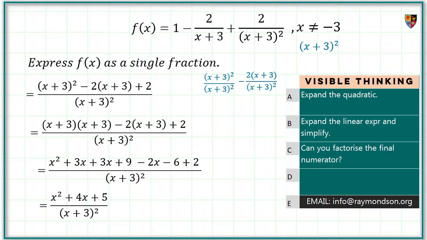The reason you need to consider that is, what happens if I had an x plus 3 in the numerator? If I could factorize that numerator and I get an x plus 3, then the x plus 3's would cancel out. And that could happen. Is it going to happen in this case? Can you factorize x squared plus 4x plus 5?